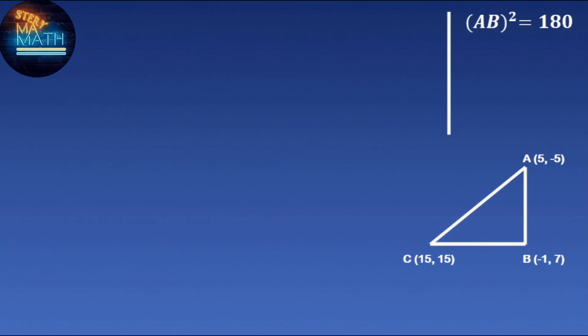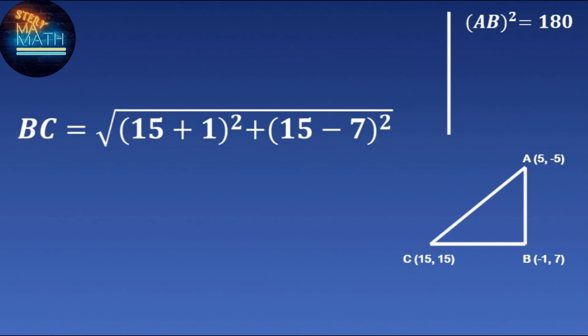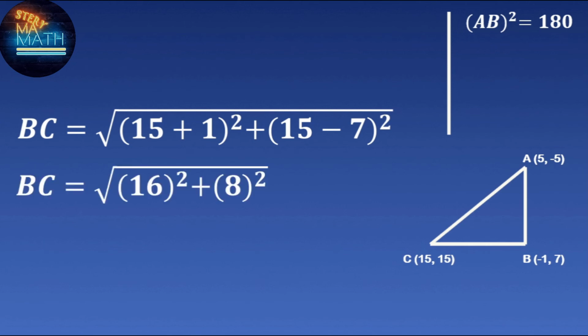So AB squared is equal to 180. Now let's get the distance of the other side, BC. BC is equal to the square root of (15 minus negative 1, which is 15 plus 1) squared, plus (15 minus 7) squared. The difference in x squared plus the difference in y squared. BC is equal to the square root of 16 squared plus 8 squared, which is the square root of 320.